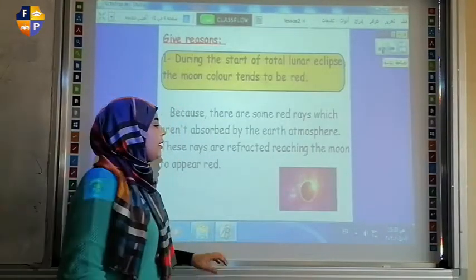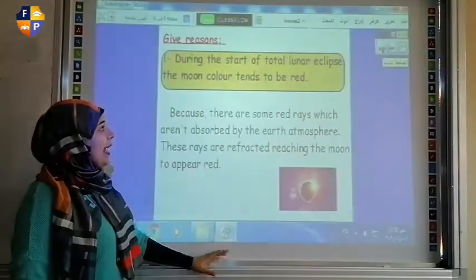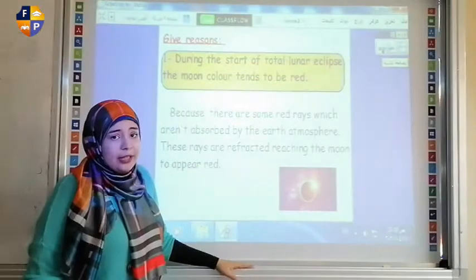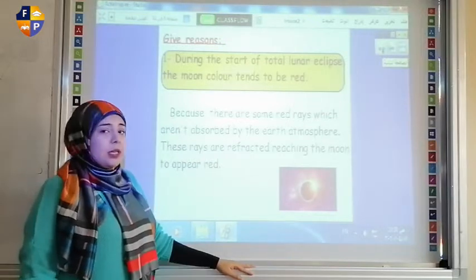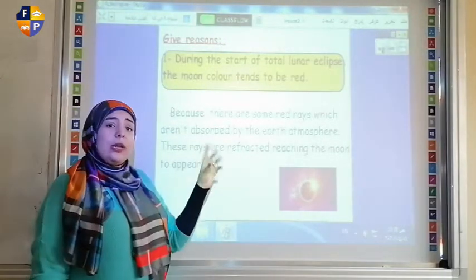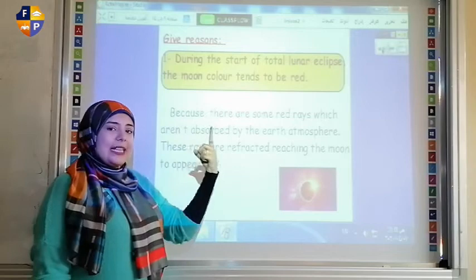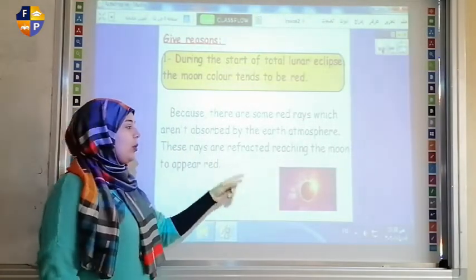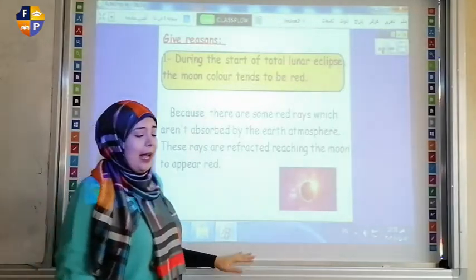Okay, and now, give a reason for why at the total lunar eclipse we see the moon in red color. Why? Can you remember? Yes, because the Earth's atmosphere will absorb the sunlight except red rays. It will refract them to the moon. Then we will see the moon as red color.